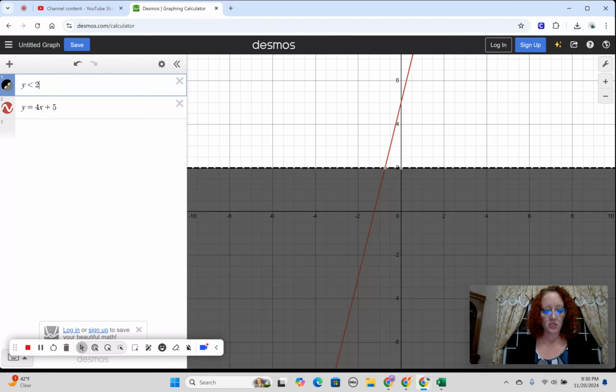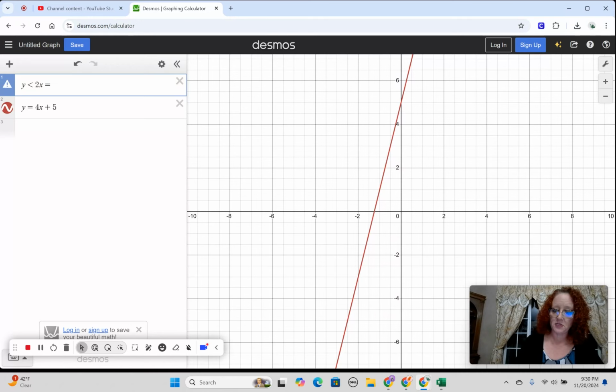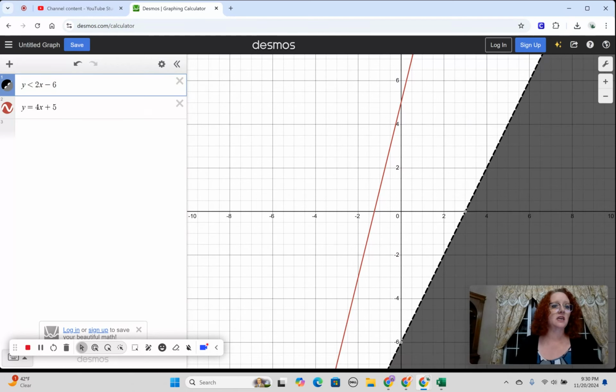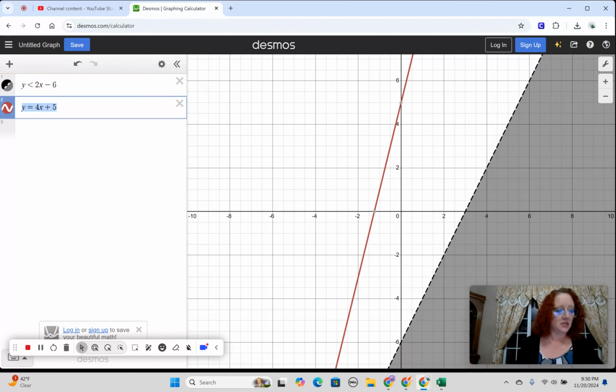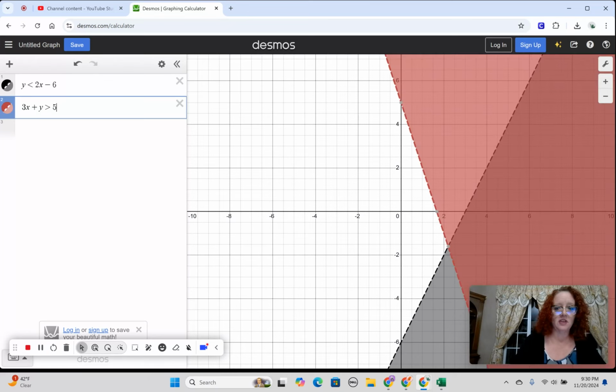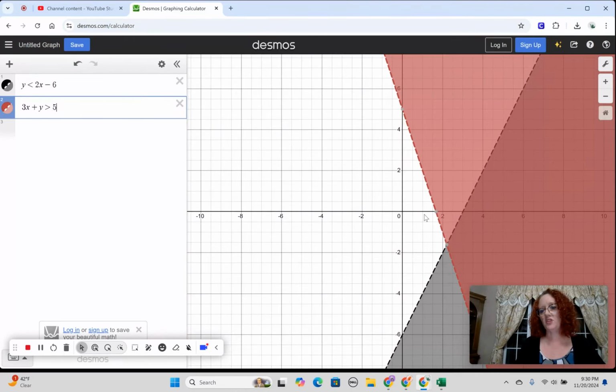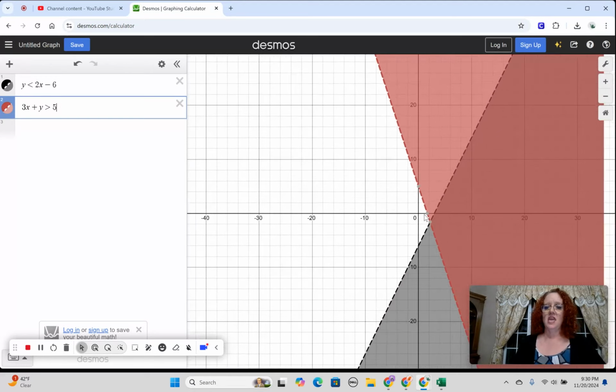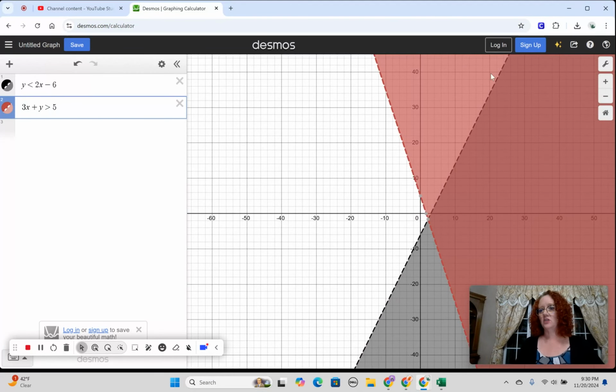Y is less than 2x, oops, not equals, minus 6, and 3x plus y is greater than 5. So you can see where the two lines intersect, and from the dark section here, you can also tell where the solution is to the system.